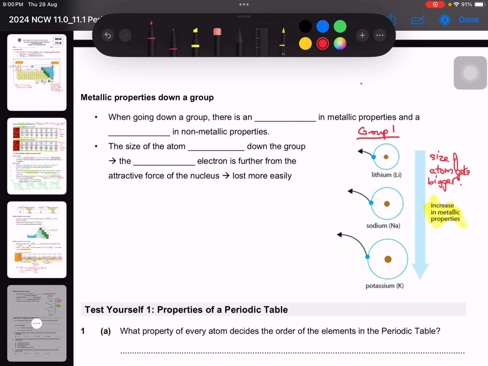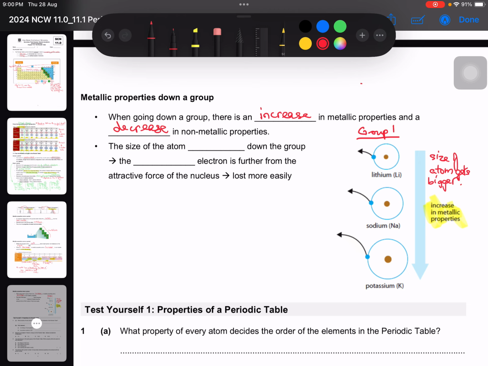Why will there be an increase in metallic property? Let's write down first. Going down a group, there is an increase in metallic property and a decrease in non-metallic property. So why does the size of the atom get bigger? We must look at the electron structure.